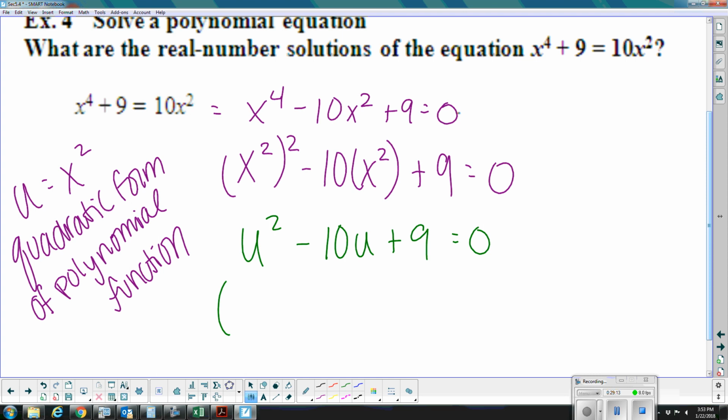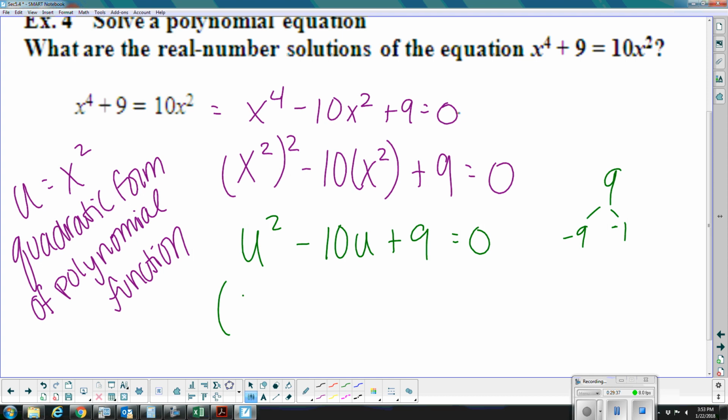So this factors of 9, and again, you can do this how you want on the side, but factors of 9 are 3 and 3, which neither of those add up to negative 10, or you have negative 9, negative 1. Those add up to negative 10.